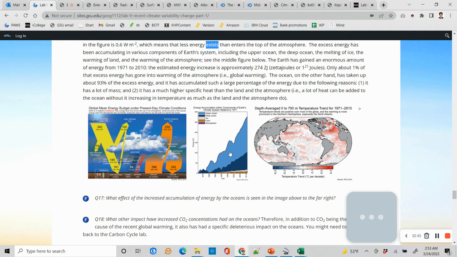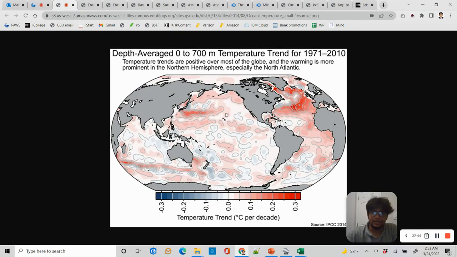So this is the graph that is talking about that. And even here, you can see that the red line, reddish. Most of the reddish regions are in the ocean, the highest temperature trend in the ocean. This is the Atlantic Ocean, and this is the Pacific Ocean, I guess.